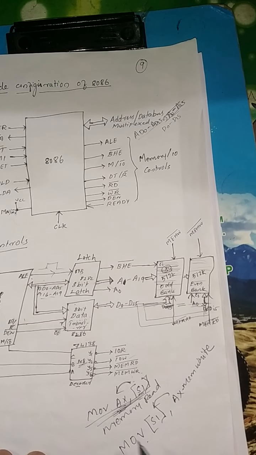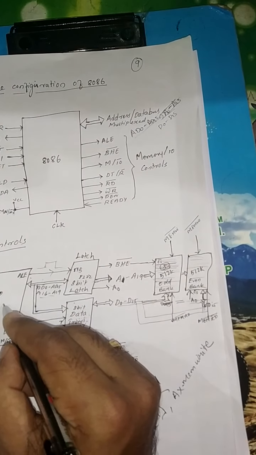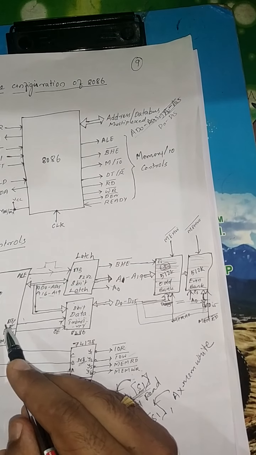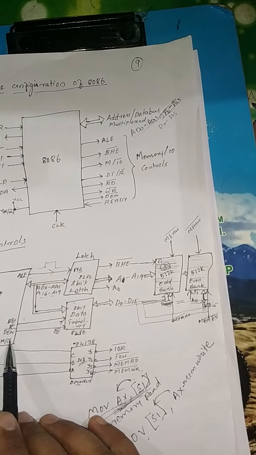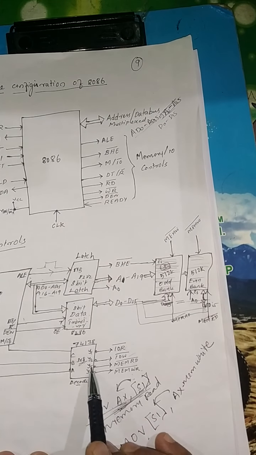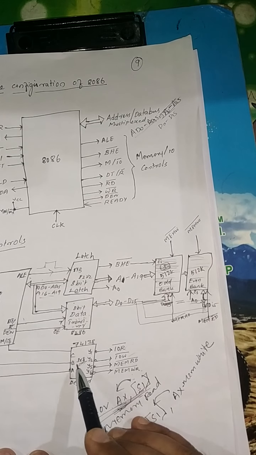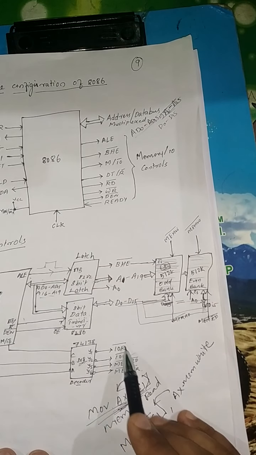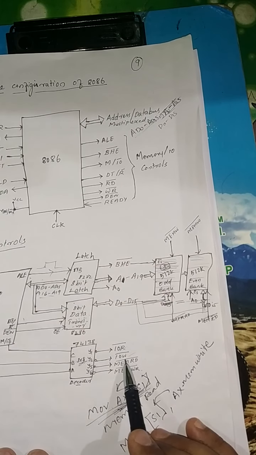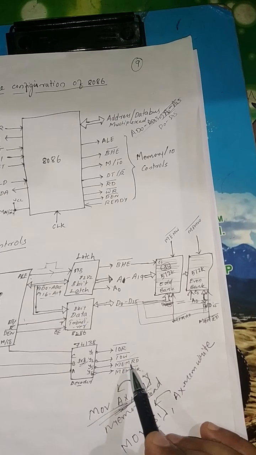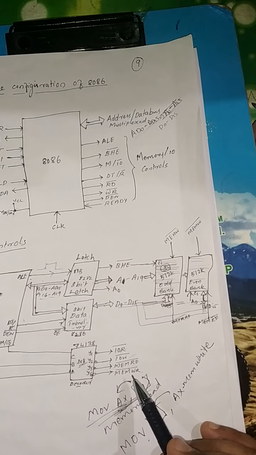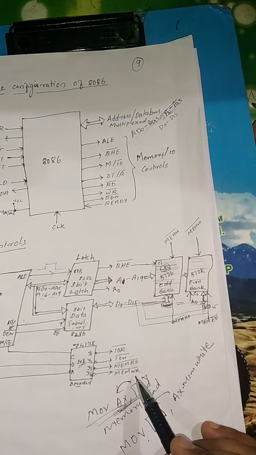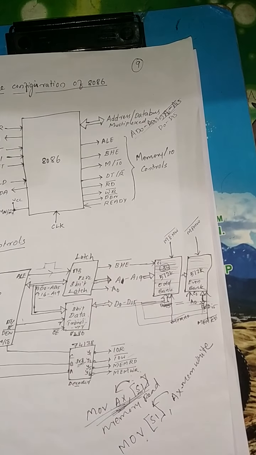So based on the instruction executing in the instruction unit and decoding circuit, the decoder will generate these timing signals, and these timing signals will be connected to the 3 to 8 decoder, and based on that it will generate the necessary control signals. So these are basically the memory and IO control signals.